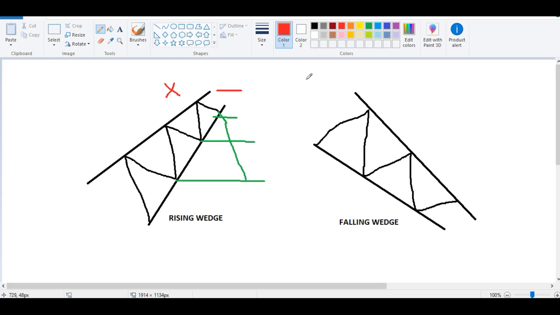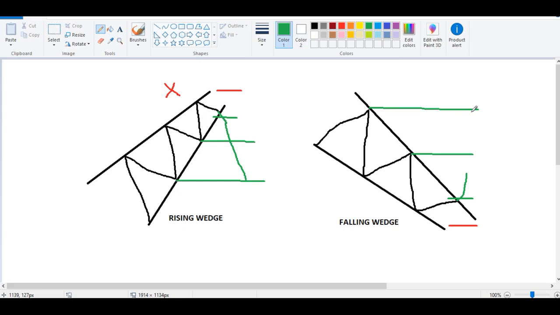So that was the rising wedge. Let's come to the falling wedge now. In a falling wedge, you will see price move down in this format. When we play the breakout, we will buy on the breakout towards the upside. Stop loss can be the lower end of the wedge, and my targets will simply be the next swing highs, the first swing high and the second swing high.